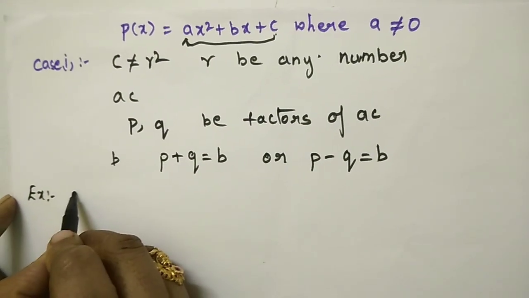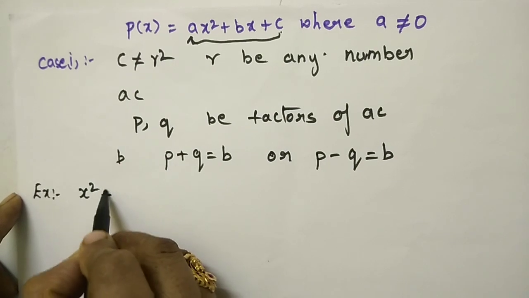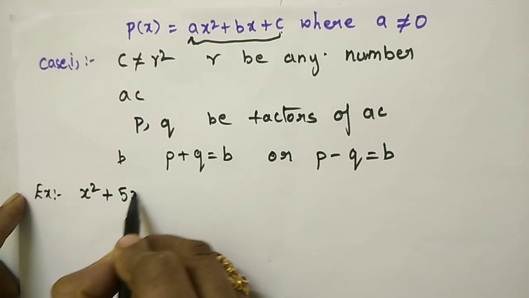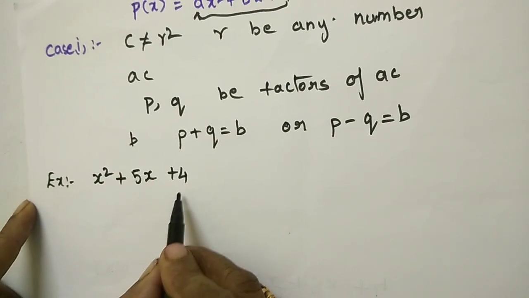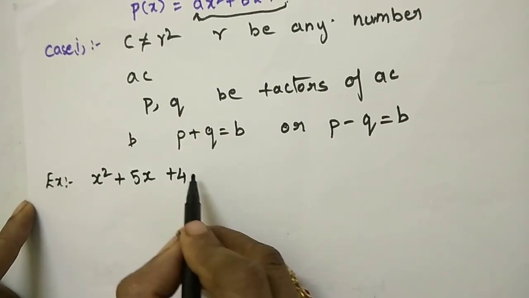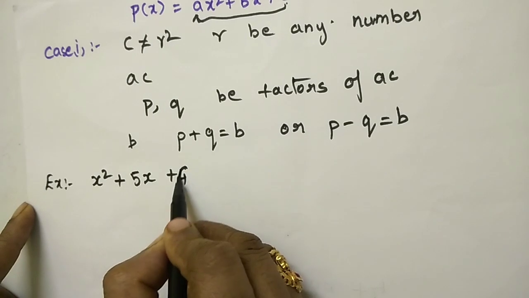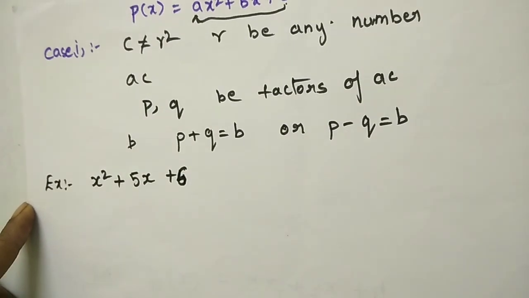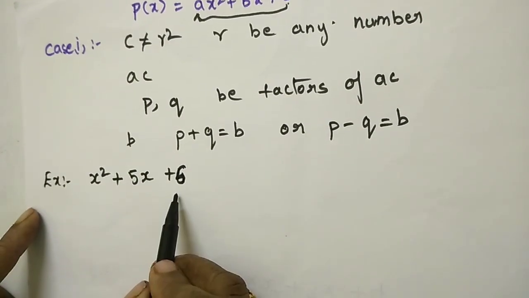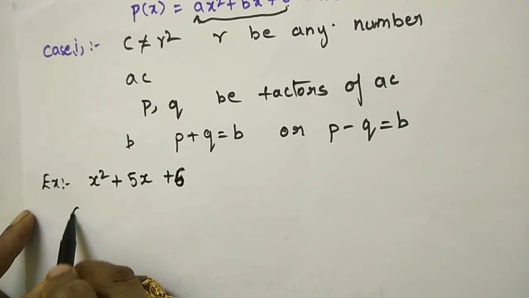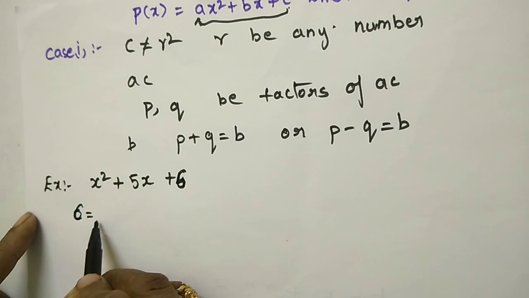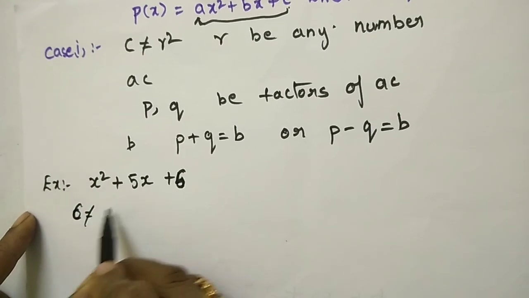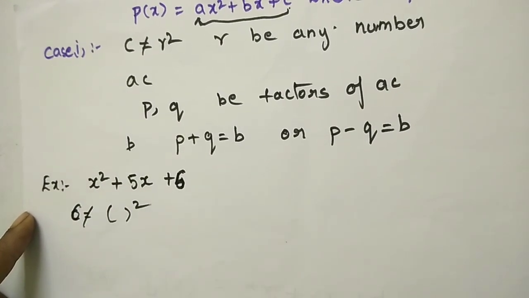Example: x square plus 5x plus 6. In case of c, we have 6. We cannot express it as a square of any number.